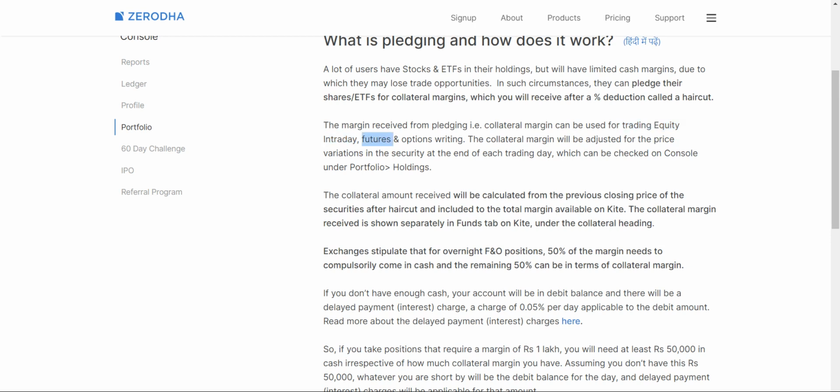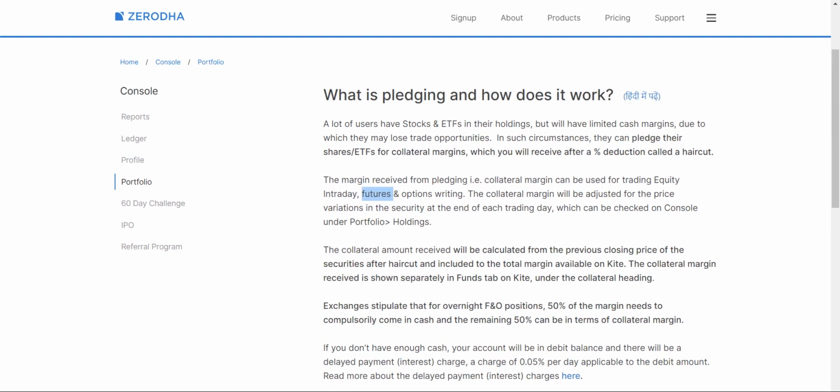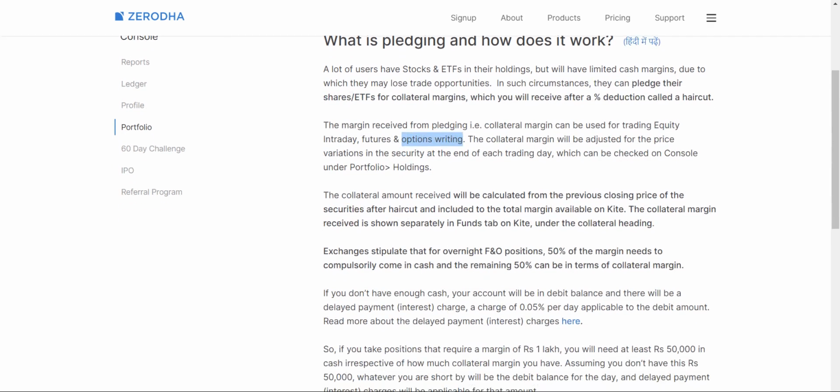You can do futures trading, either buy or sell futures of Nifty, Bank Nifty or any stock. And you can do option writing. Option writing means option selling. You can't buy options with this margin, but you can sell. So you can sell Nifty options, Bank Nifty options, or any stock option.